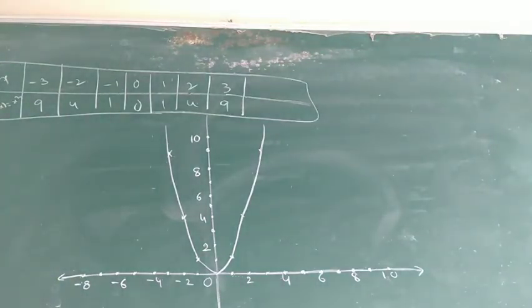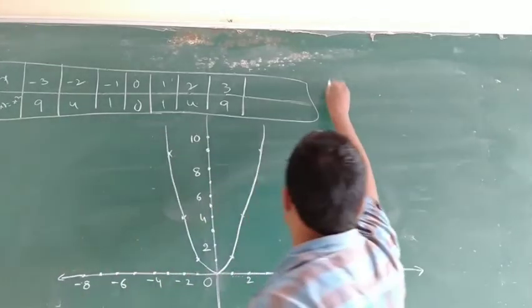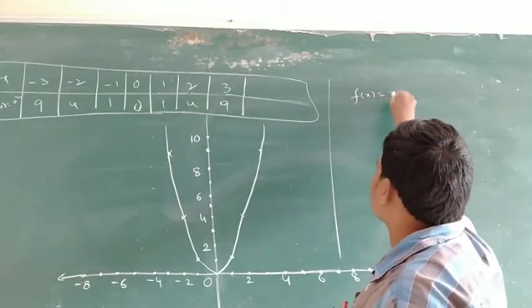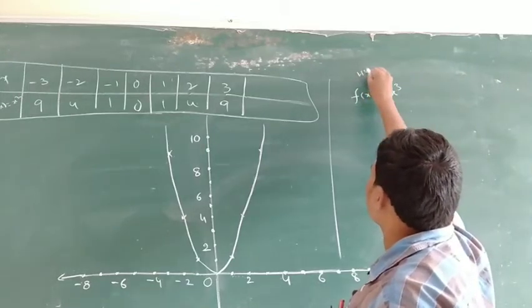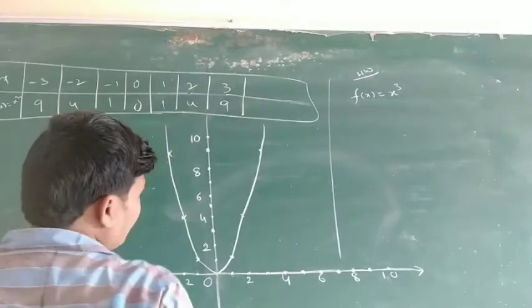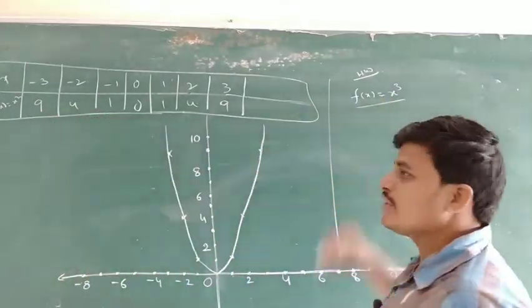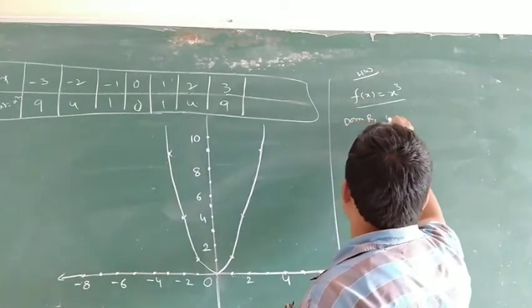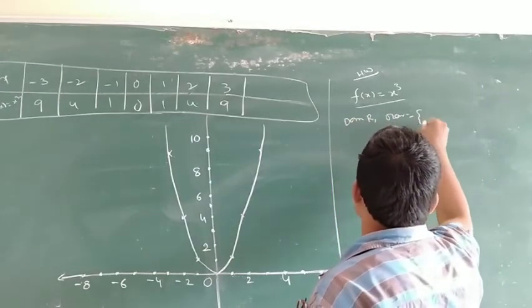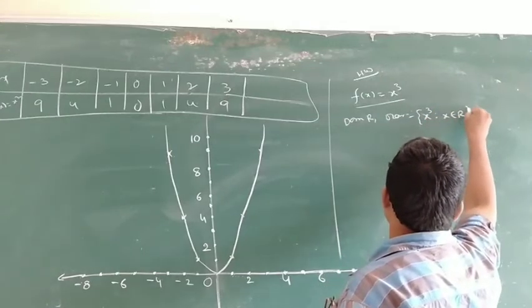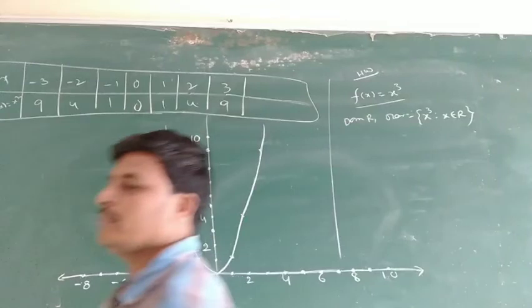So this one, polynomial function. Homework: f of x is equal to x cube. Define polynomial function, same definition. The function is f of x is equal to x cube. Domain R, range equals the set of all x cube such that x belongs to R. Okay.